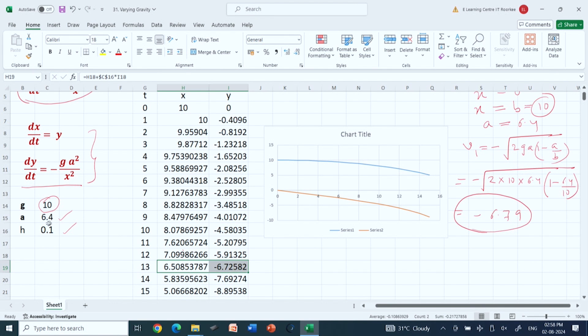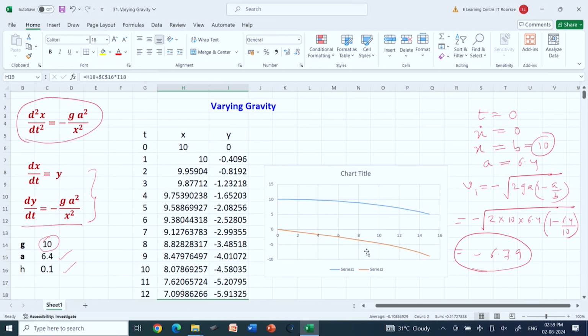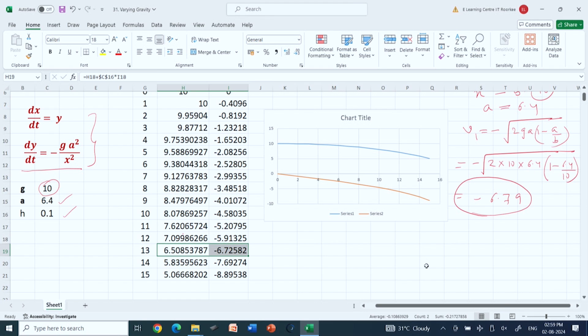So, when the x value is approximately equal to 6.4, here it is 6.5, and your velocity is approaching 6.79, here it is 6.72, an approximate value which is approached as the particle reaches the surface of the earth. Thus, we verify that our analytical solution is the same as when we put in the numerical values.